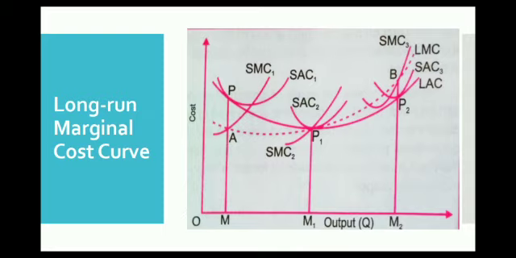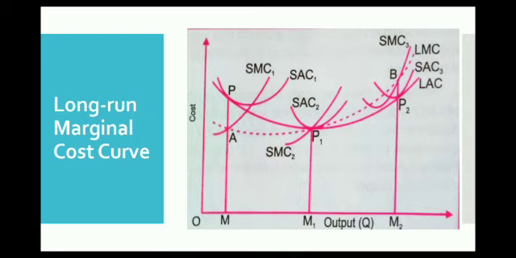Corresponding to this tangency point P between the short run average cost curve and the long run average cost curve, there is a point A on the short run marginal cost curve, that is SMC1. This signifies that at OM level of output, the long run marginal cost is MA. Similarly, if OM1 output is produced in the long run, it must be produced at point P1, which is the tangency point between LAC and SAC2.